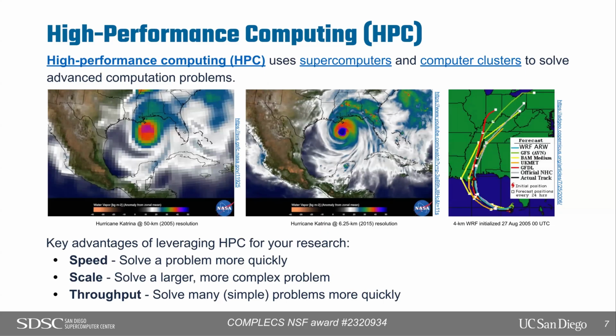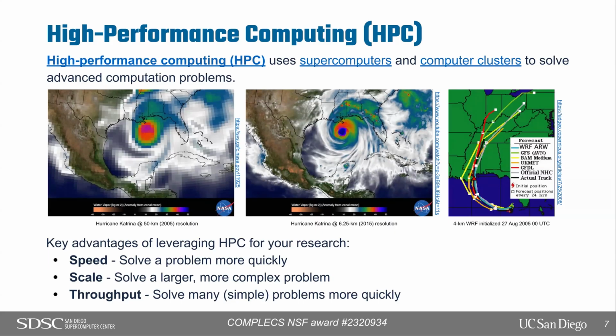Okay, so high performance computing, right? Traditional high performance computing really focuses on problems like this, where you have, let's say, a large physics model that you want to simulate something on. In this case, weather simulations, right?